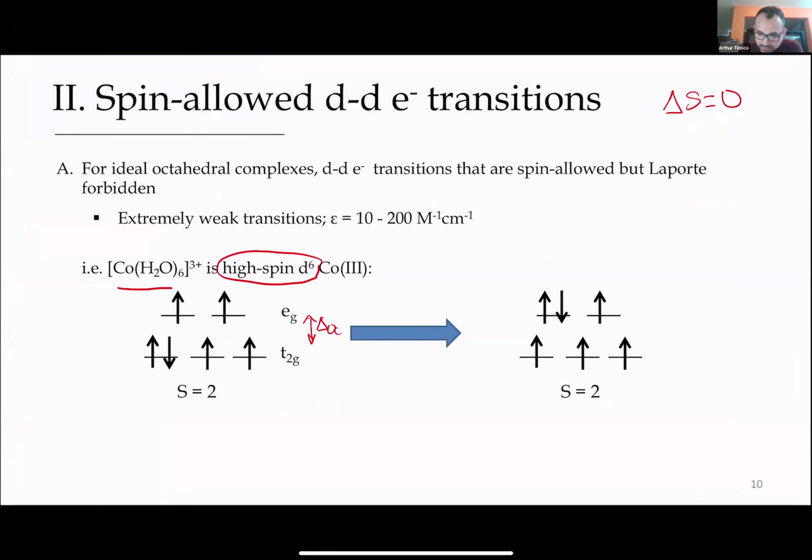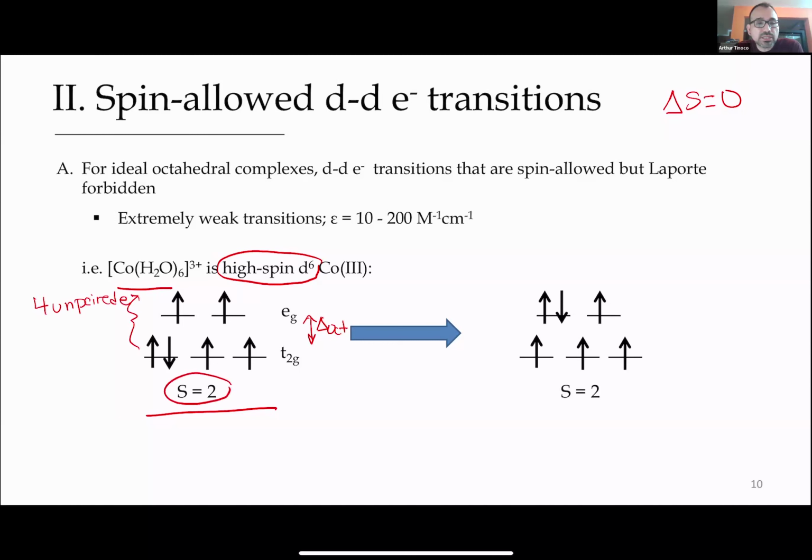So that's going to be a weak field. And so you're going to have your 6 electrons in your octahedral field distributed in this manner. All right, so how many unpaired electrons do we have here? Well, here we have 4 unpaired. And because we have 4 unpaired, our spin is a total of 2.